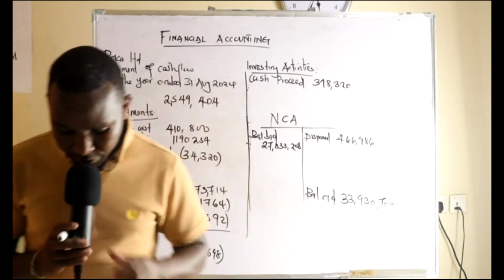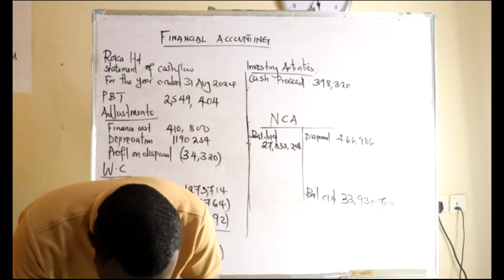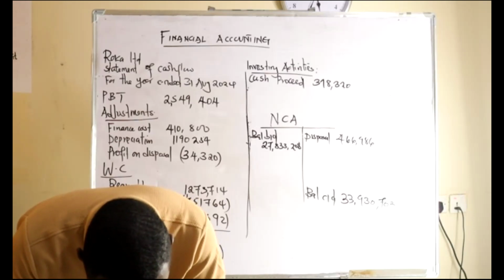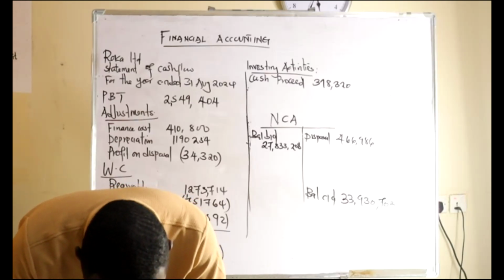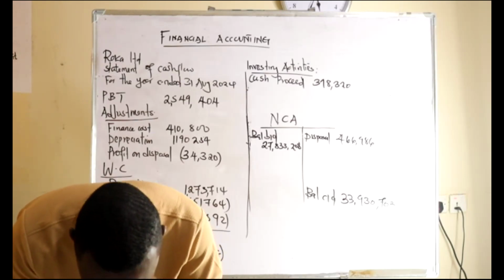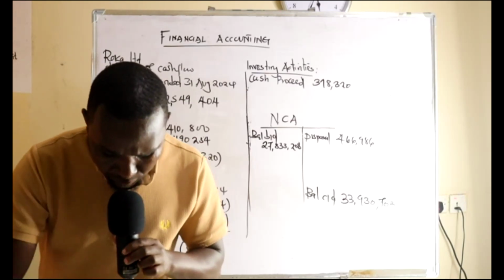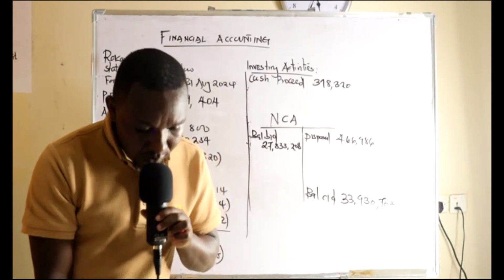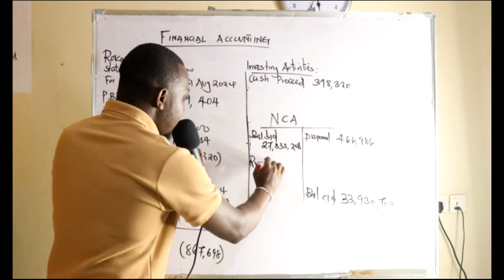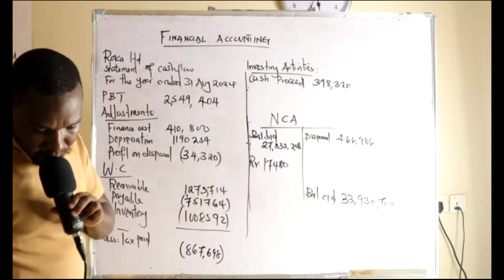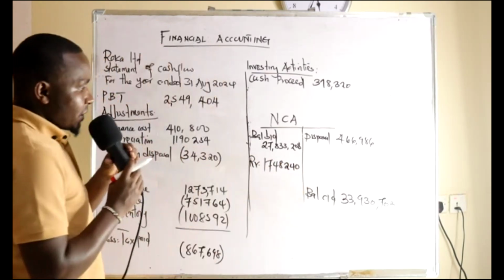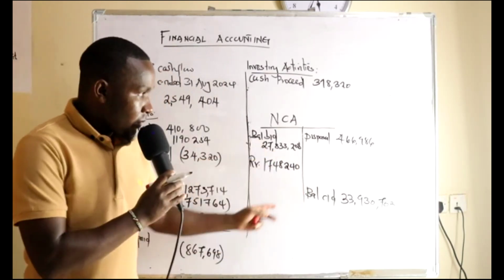So let's get the difference. I will take 3,876,080 minus 2,127,840. So we have a difference of 1,748,240. So that is a revaluation gain of 1,748,240. By the look of these figures, this value is still more.